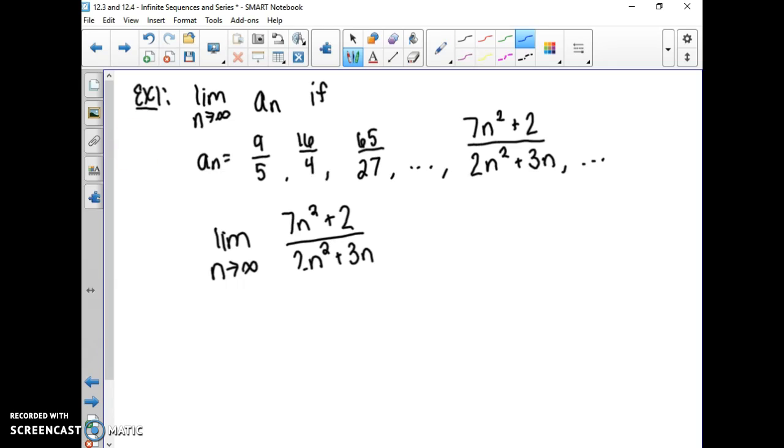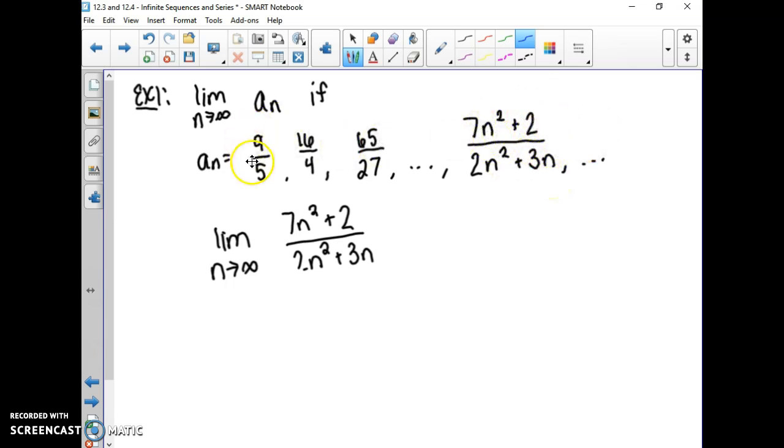and I wrote it like this because your textbook writes it like this. You won't see it written like this very often. But we're supposed to find the limit as n approaches infinity of a sub n if a sub n equals 9/5, 16/4, 65 over 27, and then it puts dot dot dot, 7n squared plus 2 over 2n squared plus 3n. This part is telling you how they got their rule.